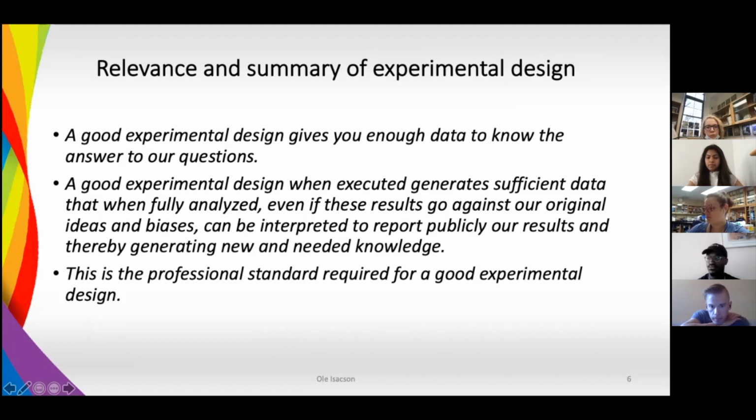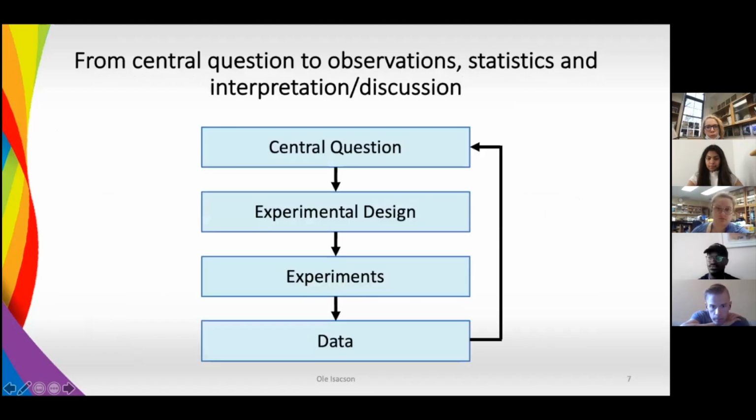And just to be a bit serious for a second, this is actually a professional standard. That's why I joke that this is a 1-hour PhD course for experimental design. And if you're a professional scientist, you have a PhD or otherwise, you have to know these principles. So now back to something quite visual that you see all the time, right? What we do in the lab is to have a central question, experimental design, experiments, and data, and that feeds back to the central question.